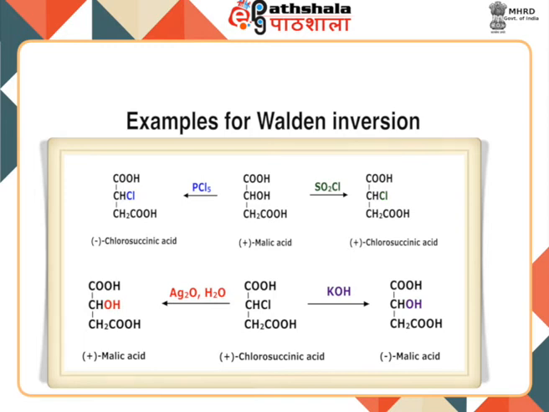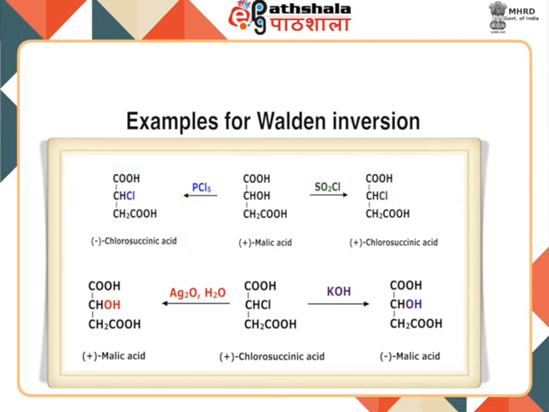So, you can see here that in these equations, starting from (+) malic acid, when you do the reaction with SOCl2, then (+) is being retained into (+) chlorosuccinic acid, but when this is reacted with PCl5, then we are getting the (-) chlorosuccinic acid.